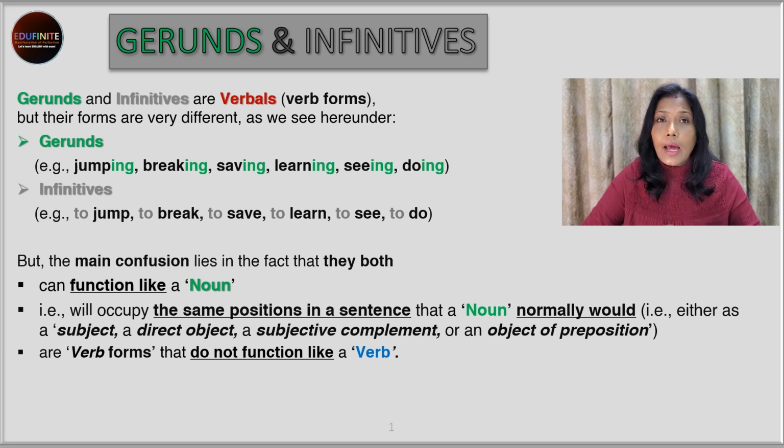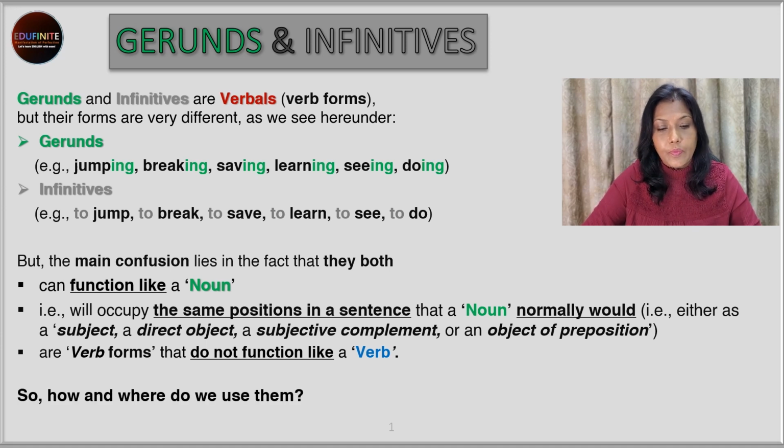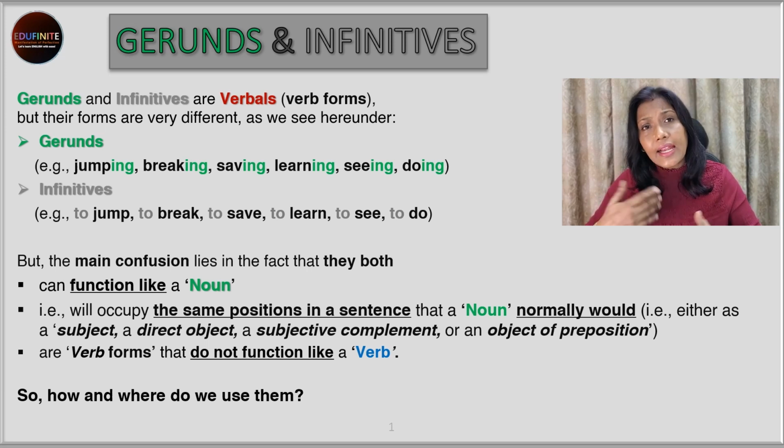And these verb forms do not function like verbs. So that's very important. They do not function like verbs. So now we have to know how and where do we use them? That is, how do they function? What's the rule behind the guidelines that we should follow? How and where to use them?